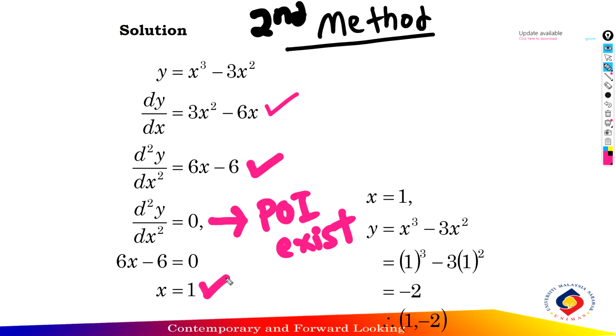X here equals 1, and you find the coordinates of the point. X equals 1, you substitute into the cubic function, and y equals negative 2. The coordinates of x, y here equal 1, negative 2.